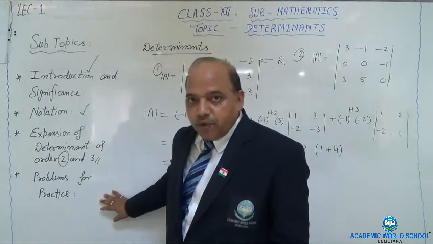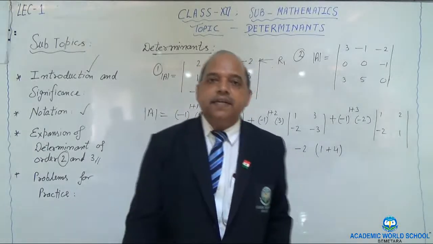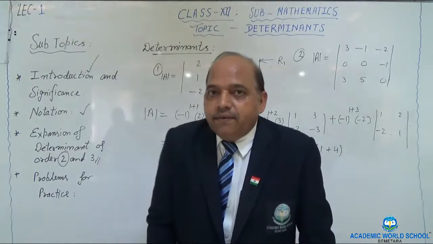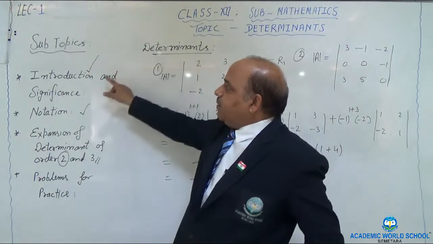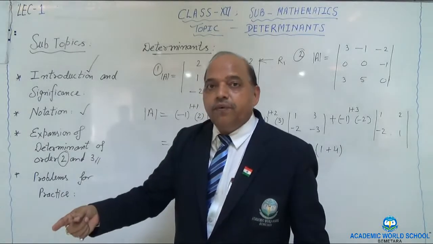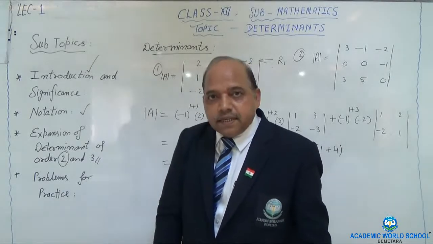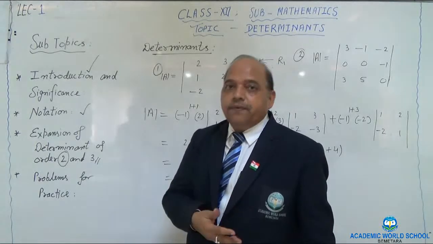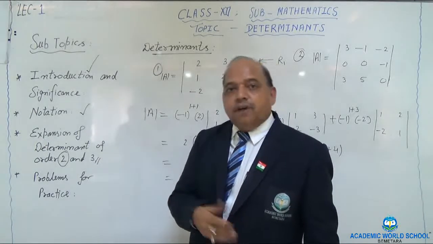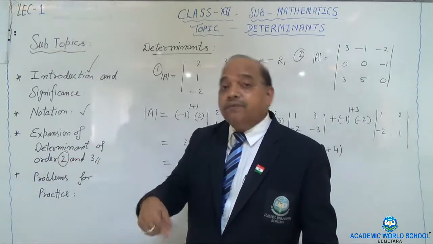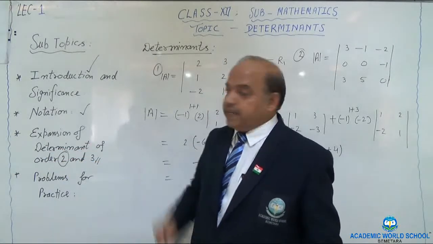We have done some questions on this. So my dear students, today what is it that we have learned? We discussed determinants, its origin, from where it originated. We discussed its importance. We discussed that if the corresponding determinant is non-zero, it ensures that the given system of linear equations will have a unique solution. This is its significance.